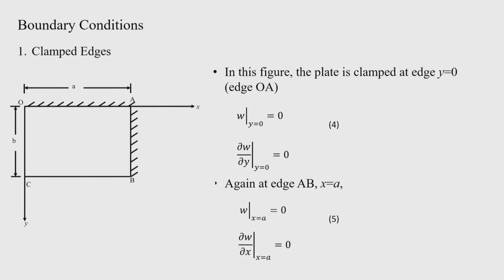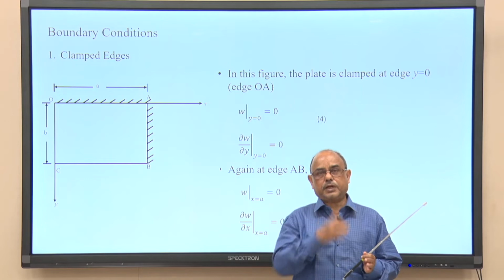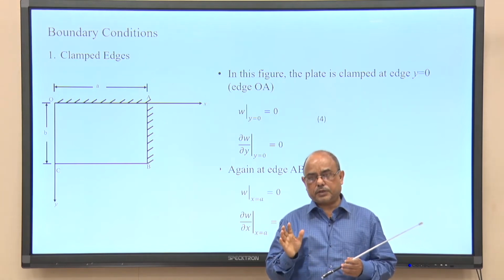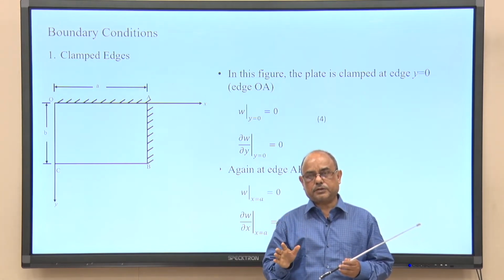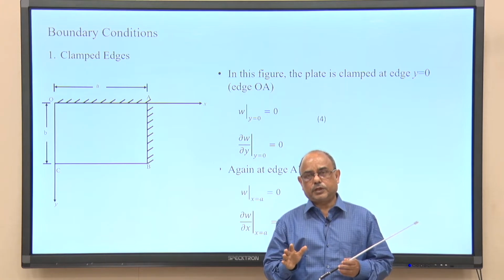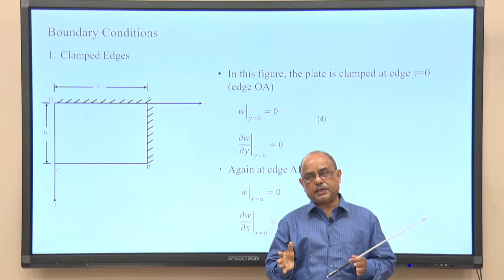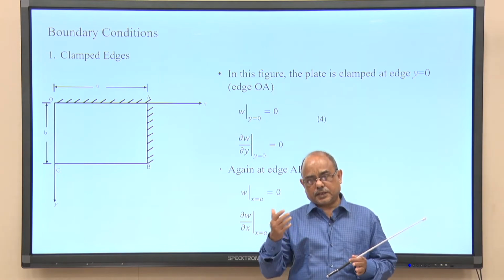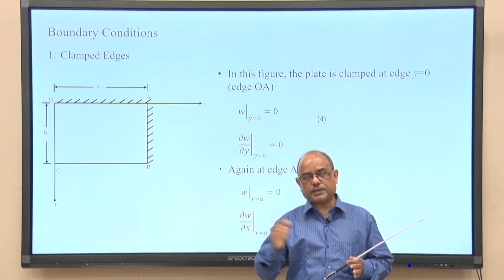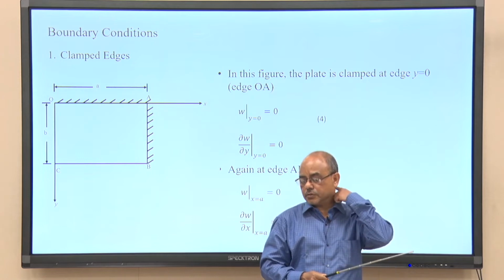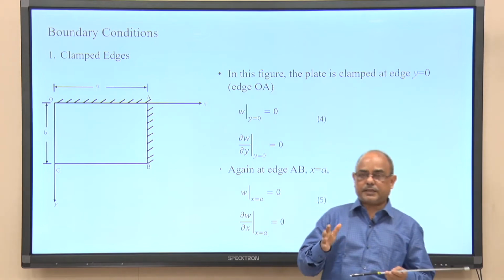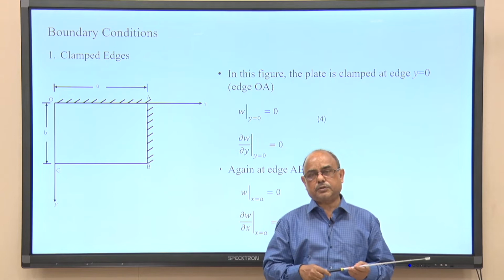Now, let us see the boundary conditions, because I told you that boundary conditions are important components of the plate problem. When the boundary conditions are satisfied, then you will get a solution which is close to the exact value. Okay. So, again there are 2 types of boundary condition.